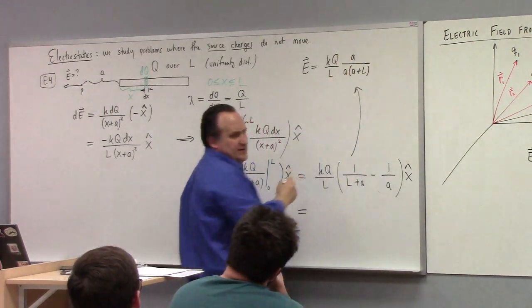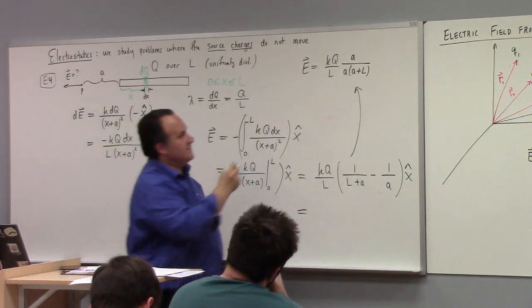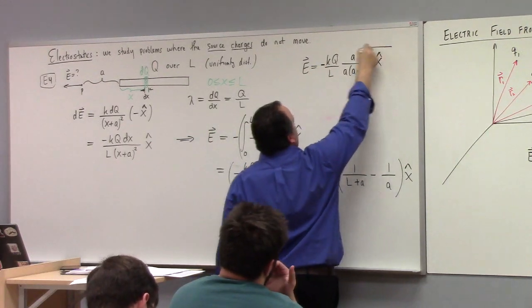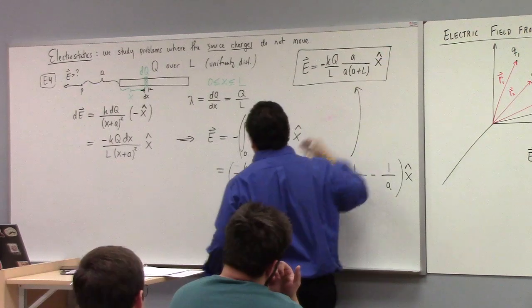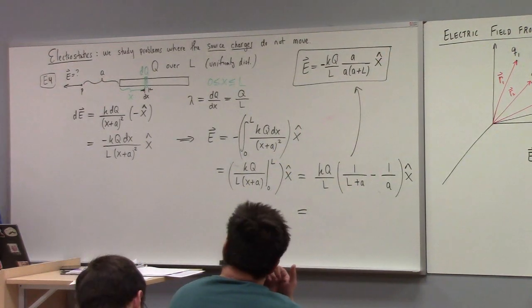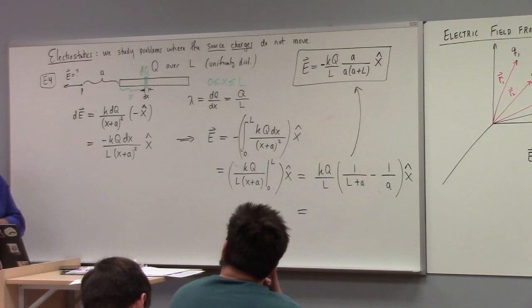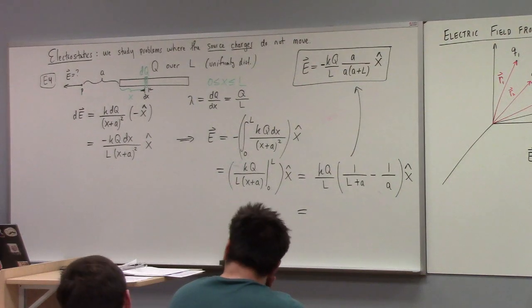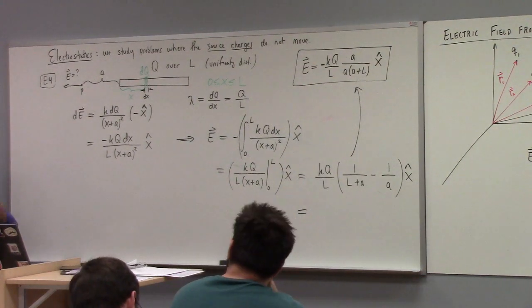And I think I lost a minus. Yeah, minus. And there's an x hat here. So don't be scared of these integrals. They don't have to be bad. We just need to set up the electric field we get from an infinitesimal charge and then add them up as appropriate to the shape.